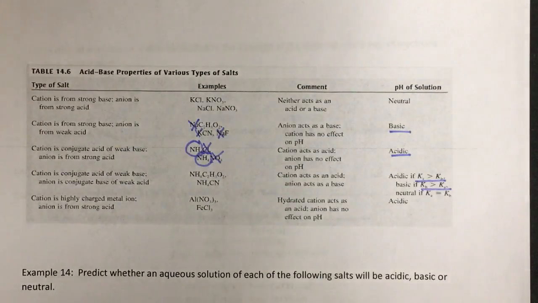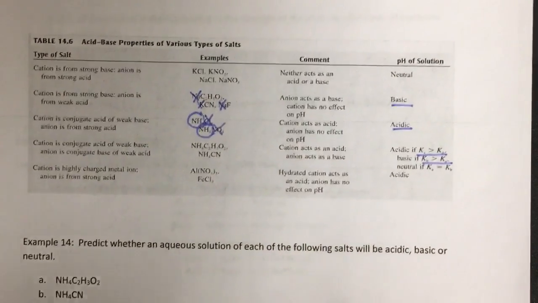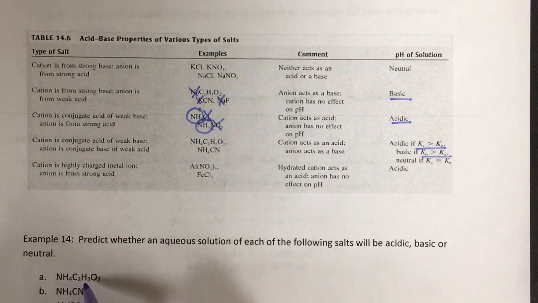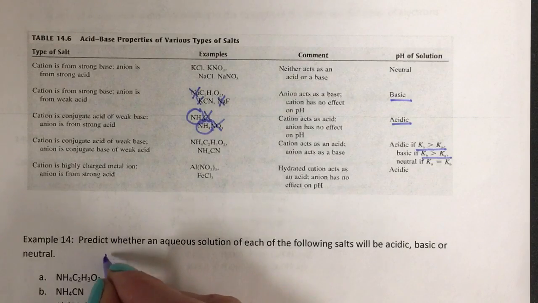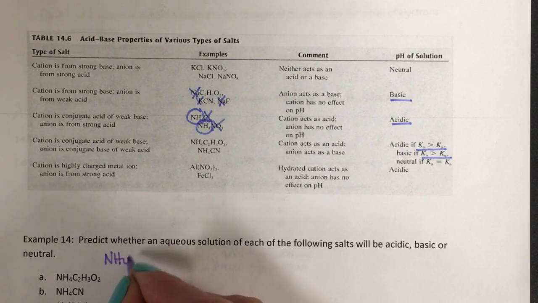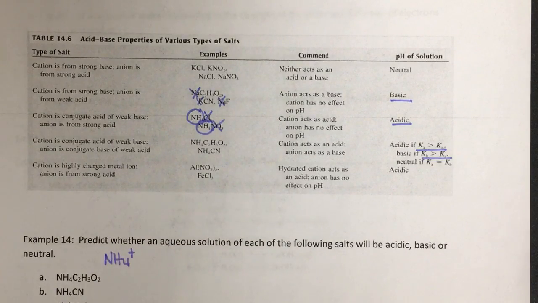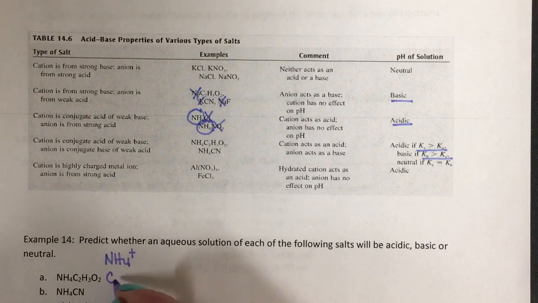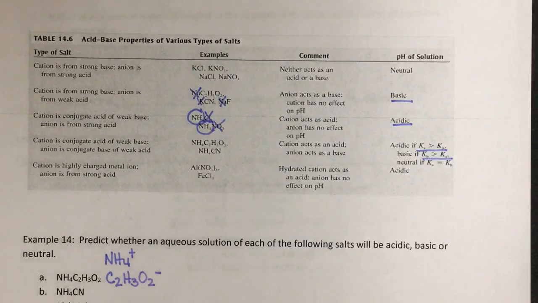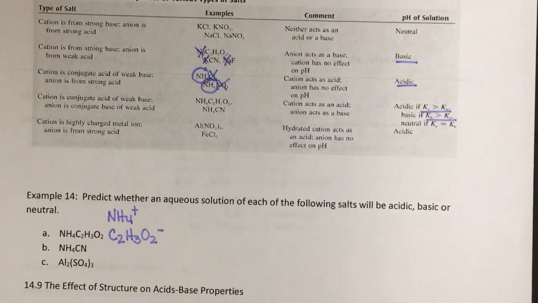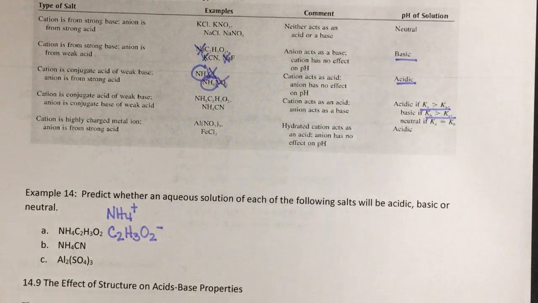So here's the way it works. NH4C2H3O2. I know that NH4 plus is a weak acid. I know that acetate is a weak base. I don't know whether my solution will be acidic or basic or neutral yet.